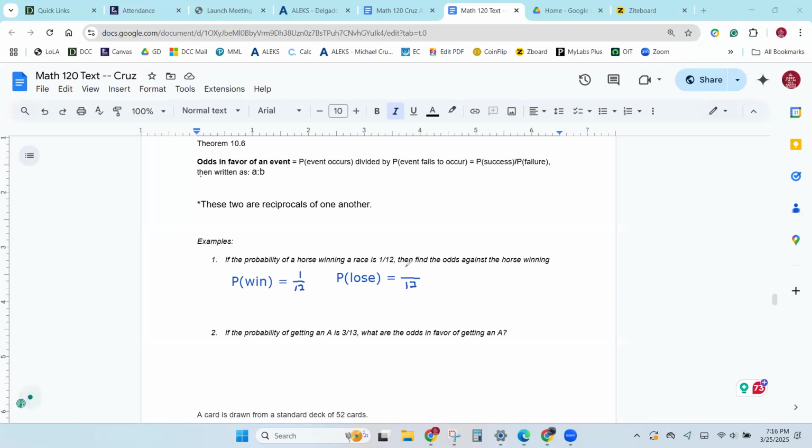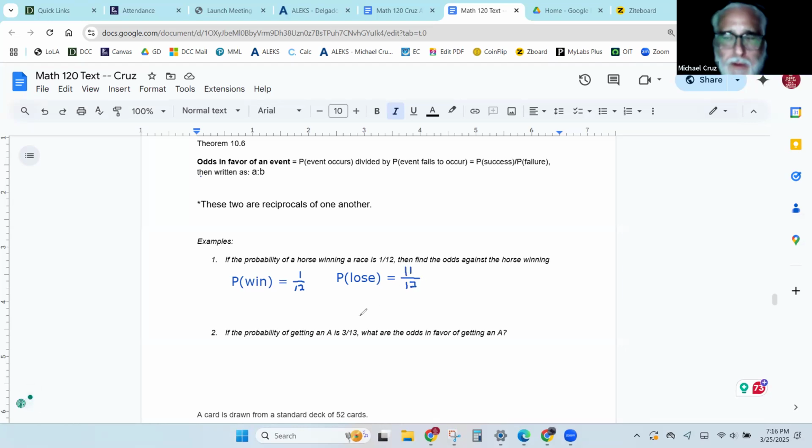11. 11 over 12. Again, you're using the complement rule, but most people don't like to think about the complement rule just because it makes it even more nebulous to understand, but that's what you're using. The easy way to find this is 1 from 12 gives you the 11. 11 from 12 gives you the 1.